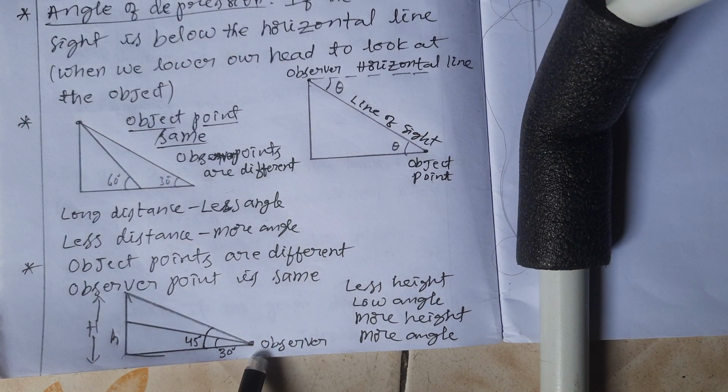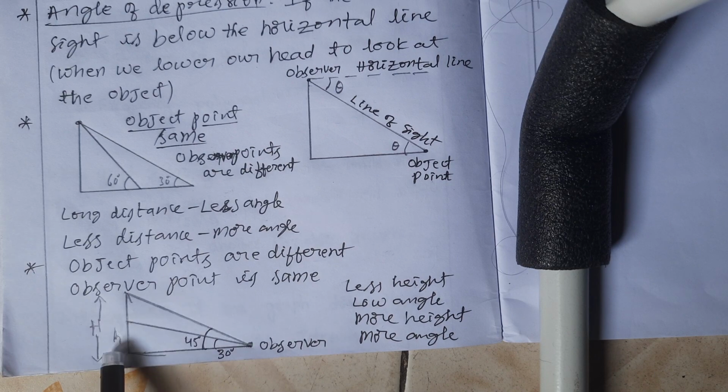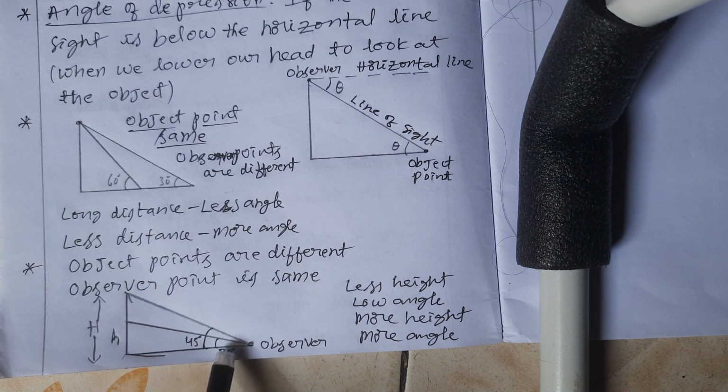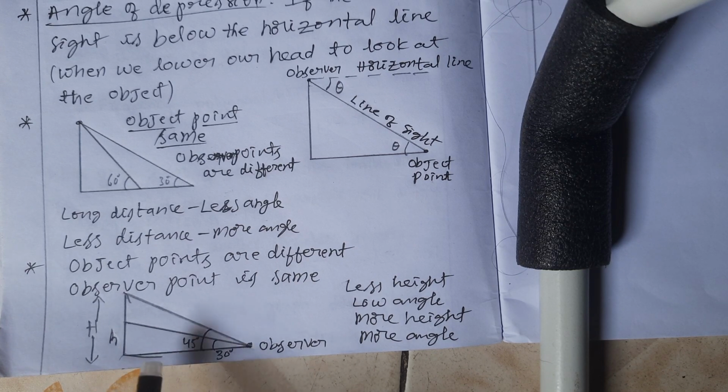The observer point is the same. The building has less height, the cell tower more, so less height means low angle, more height means more angle.